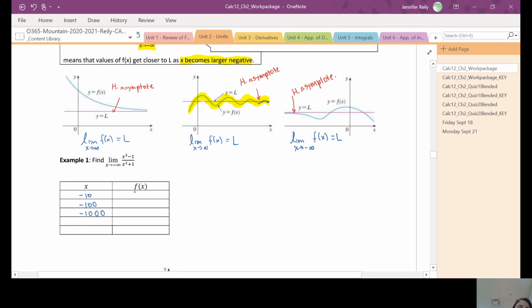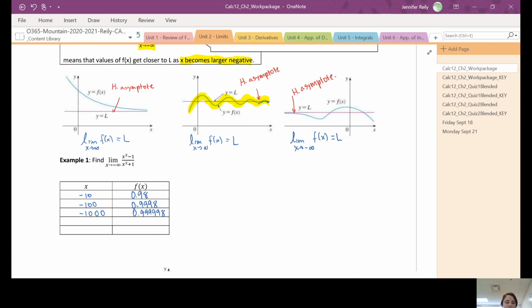So you can just take my word for it, or you can do it yourself too to prove it. 0.98 is what you get when you plug in negative 10. Then 0.9998, and then 0.99999 with five nines, and then 0.999998. So I think you can stop there.